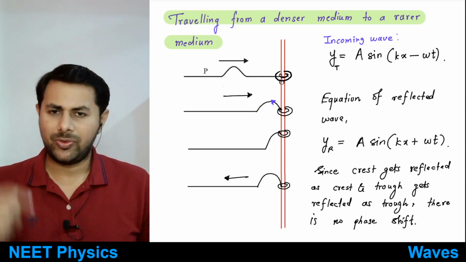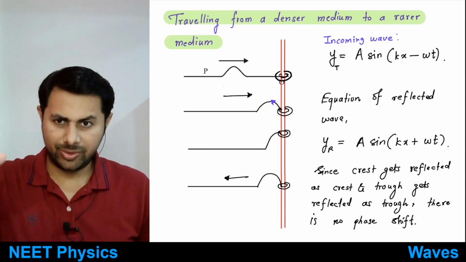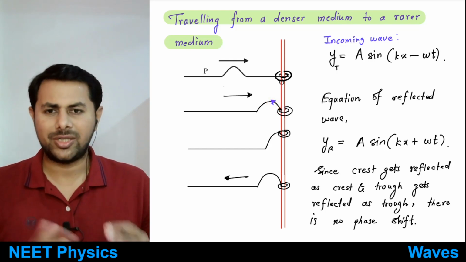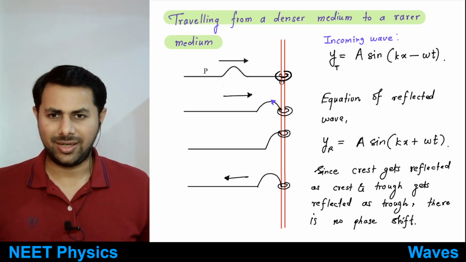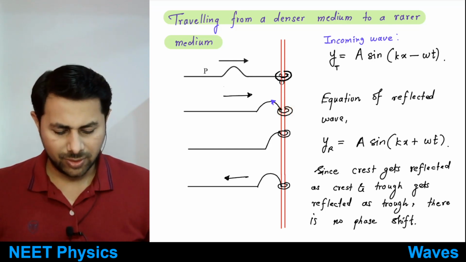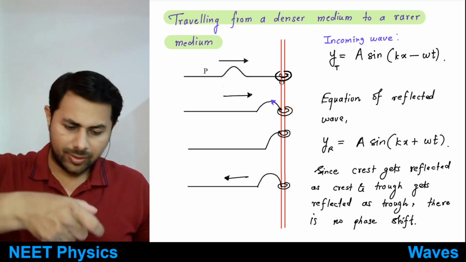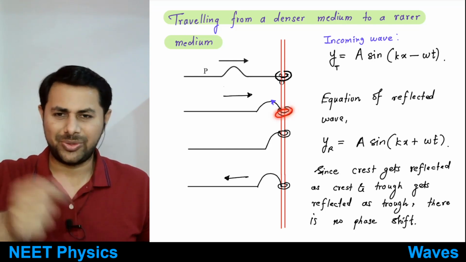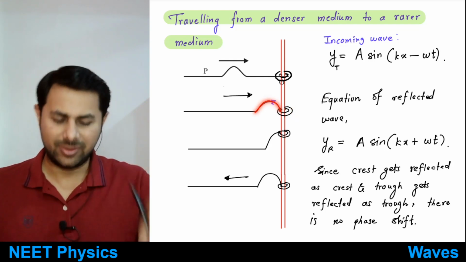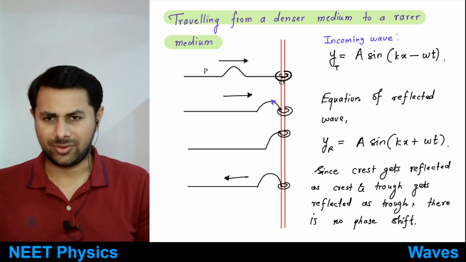So the hoop is lifted up because of the force exerted by the rope, but the rope does not move down, because the force is just not sufficient to move it down. Because the body that's exerting the force is itself getting lifted up, this crest will get reflected as a crest only.